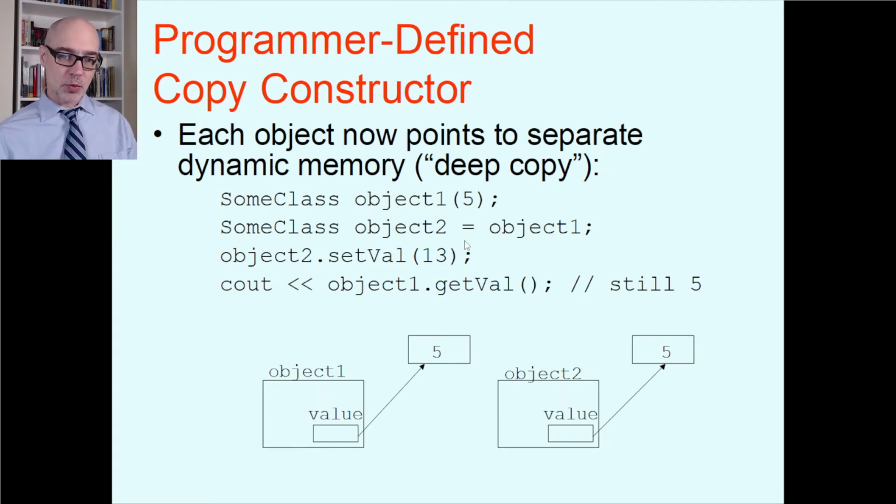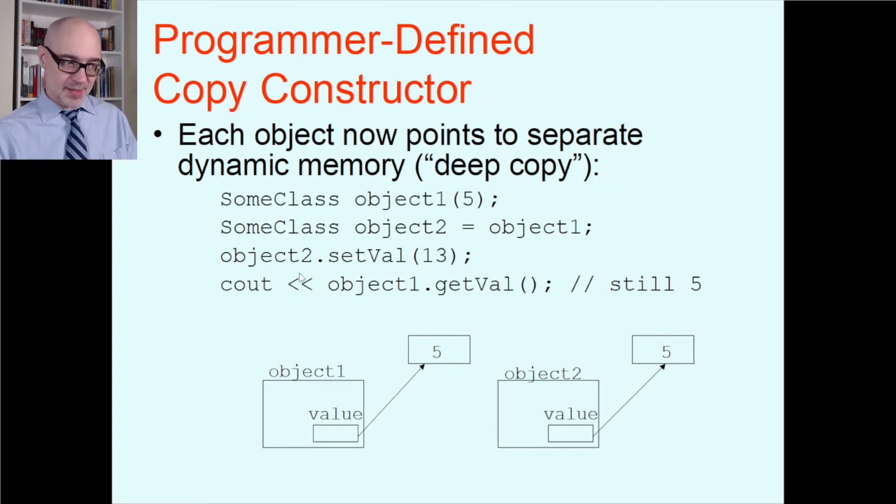So just put down equals for assignment, and you jump into that copy constructor and it does that job. It dynamically allocates a piece of memory, stores the address in value, and copies what's in this first location over. So as we get started here, I have this object 2 with its own value holding a different address, pointing at a different data location, which also holds the 5 that we've done a deep copy on.